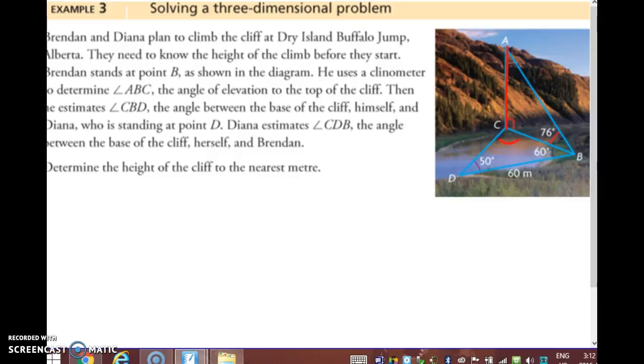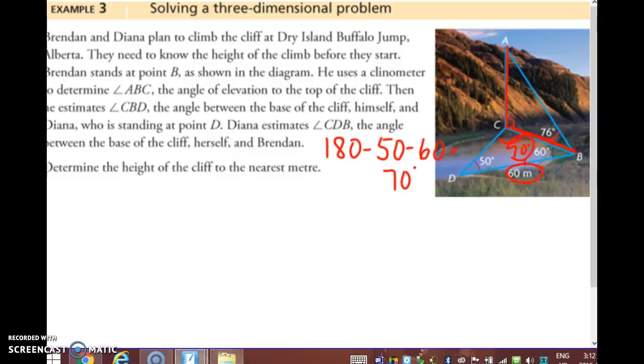So we find this missing angle of this triangle by going 180, subtract 50 degrees, subtract 60 degrees. And we will get 70 degrees. So this angle here is 70 degrees. So we should be able to find this distance here by using the sine law.